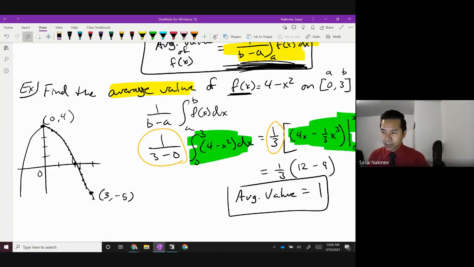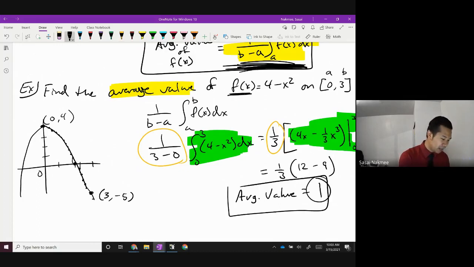And being able to calculate that leads us to a random idea here, that you can actually find a value between there that should be equal to that average value. You should be able to find a function value between a and b that is equal to this average value right there. And it makes sense, since this function in particular is continuous.